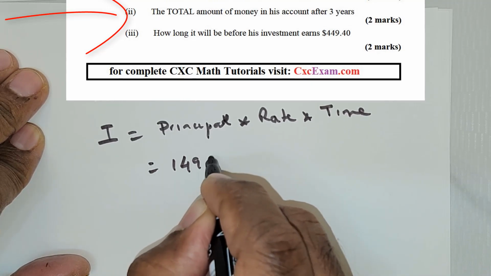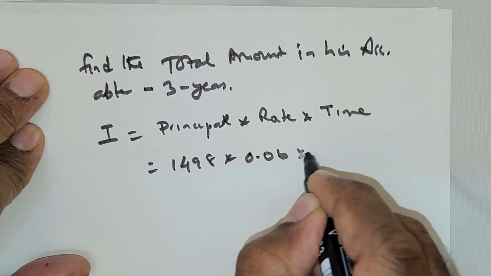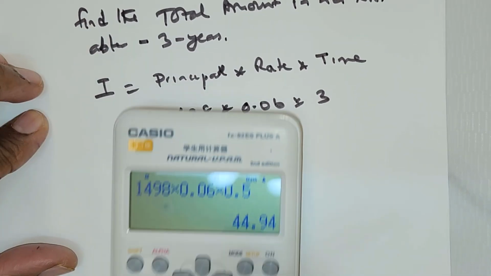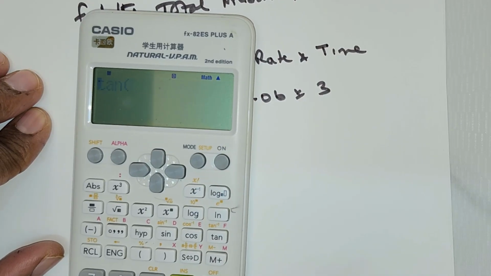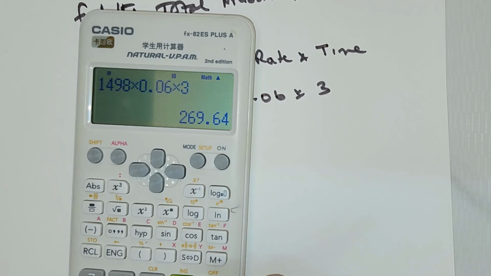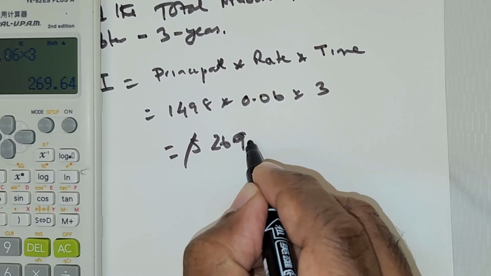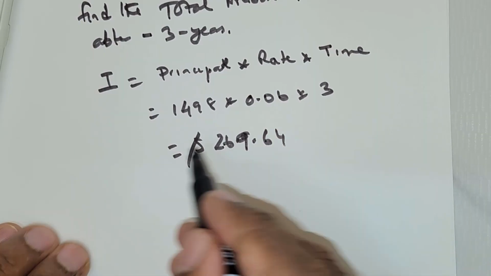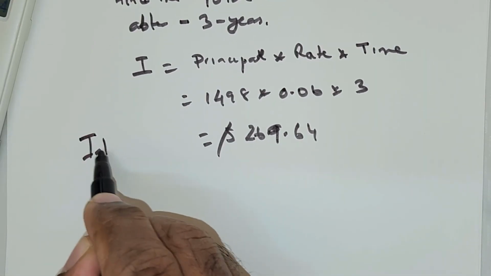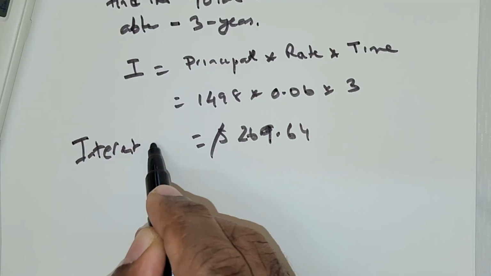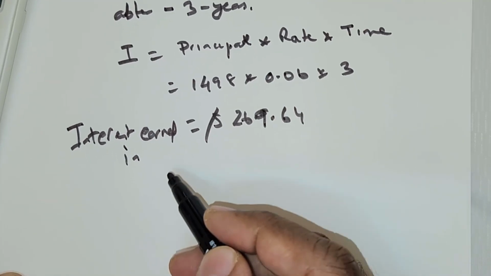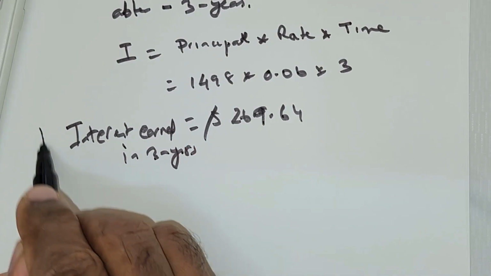Now I know 1498, I know 0.06, the time is going to be 3 years. So 1498 times 0.06 times 3, what is that? 269.64. So $269.64. This is the interest earned in 3 years.